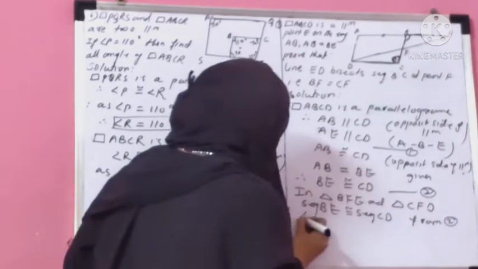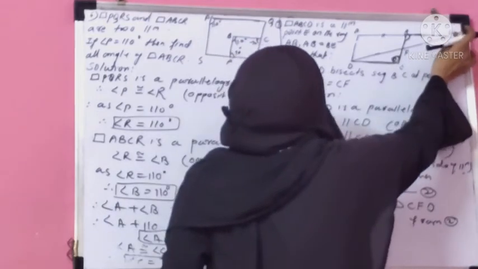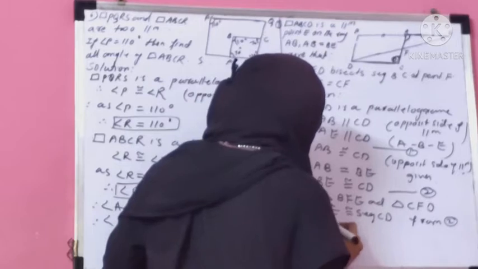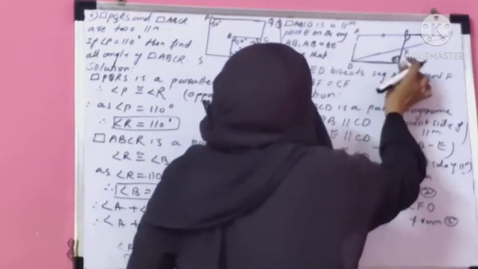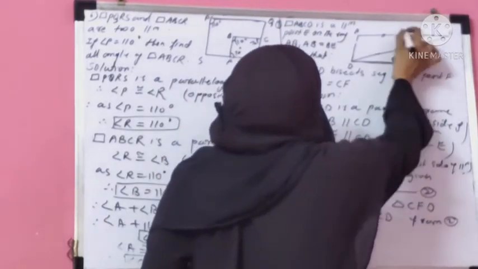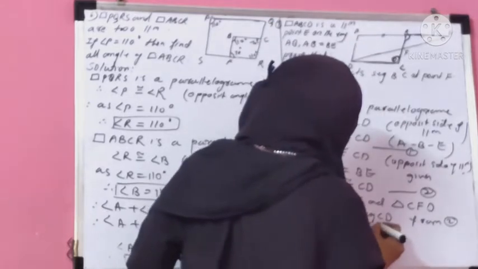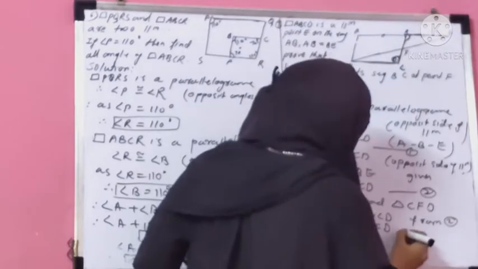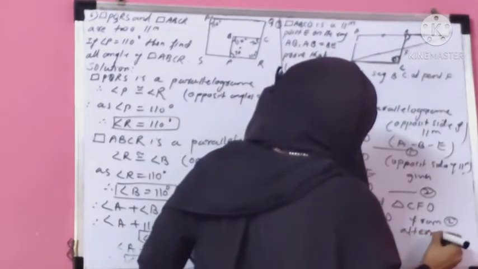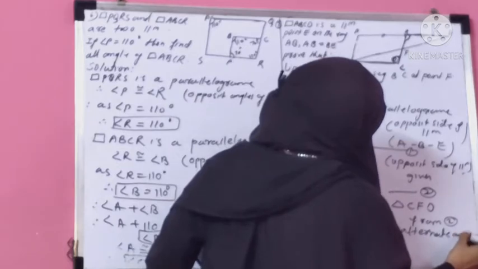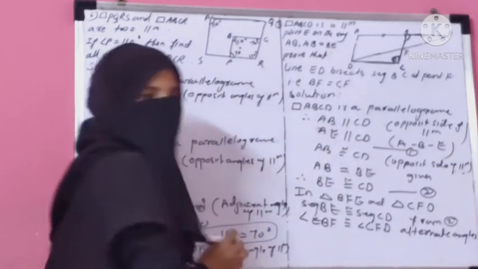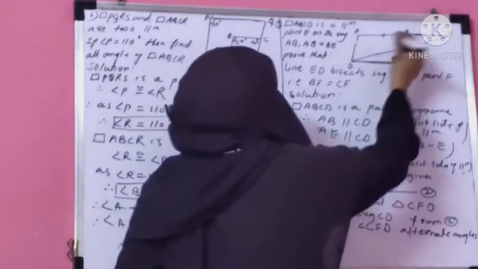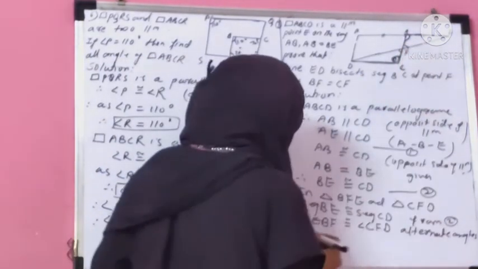Now angle EBF is congruent to angle CFD. Why? These are alternate angles. These two segments are equal, and these two are the vertically opposite angles.